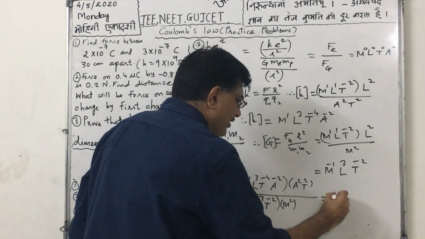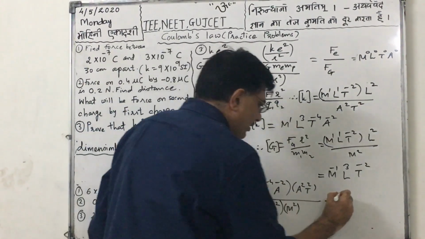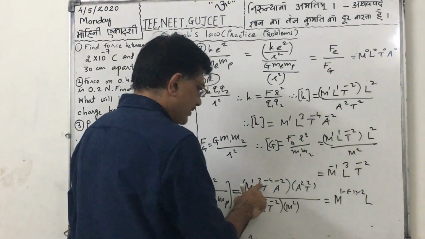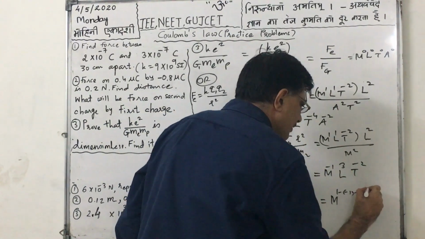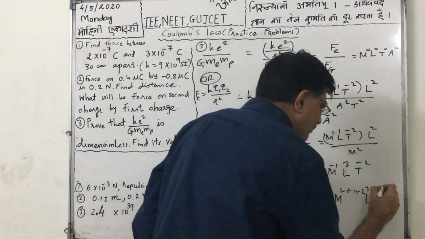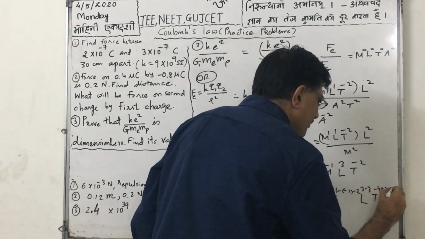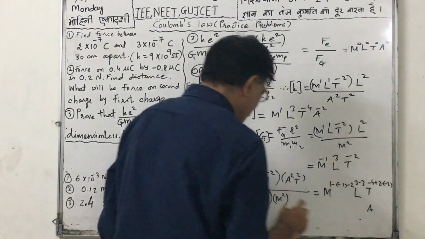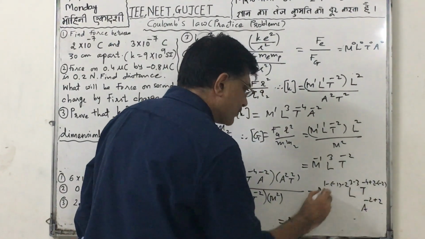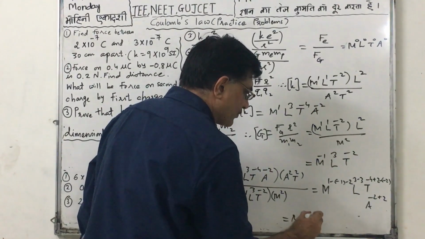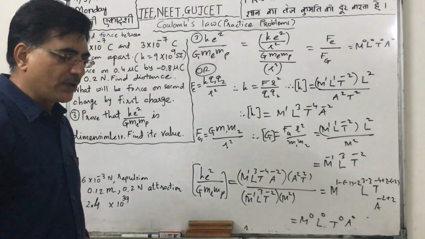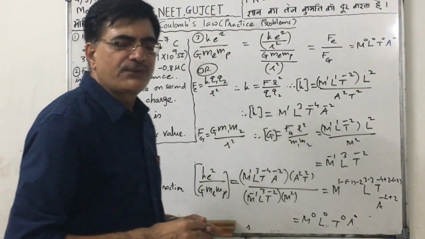So finally it will be M raised to 1 minus minus 1 minus 2, L raised to 3 minus 3, T raised to minus 4 plus 2 minus minus 2, and A raised to minus 2 plus 2. So it is M raised to 0, L raised to 0, T raised to 0, A raised to 0. So it is dimensionless because it is a ratio of two forces.